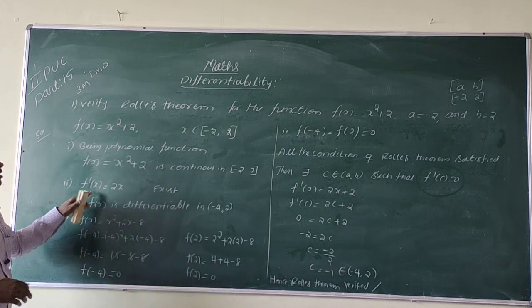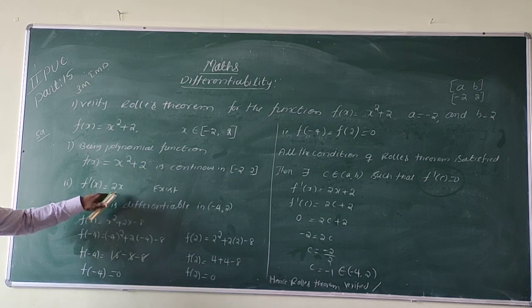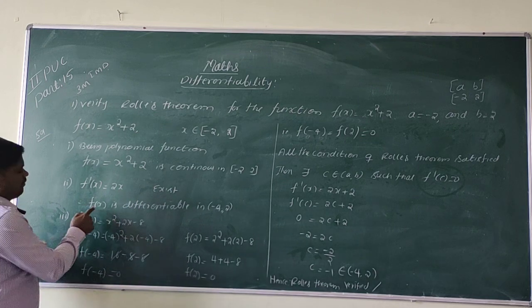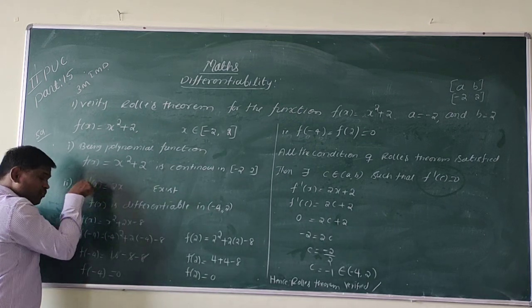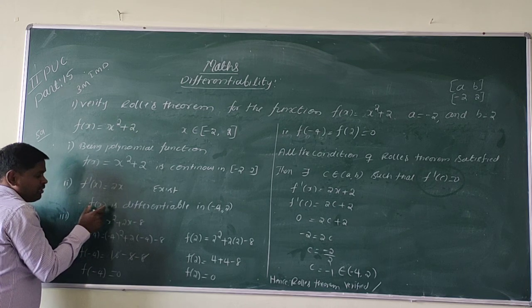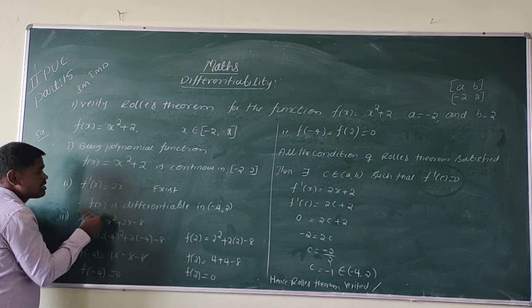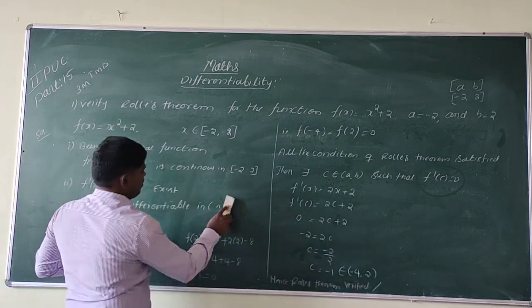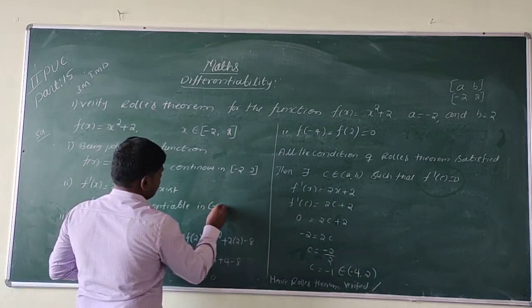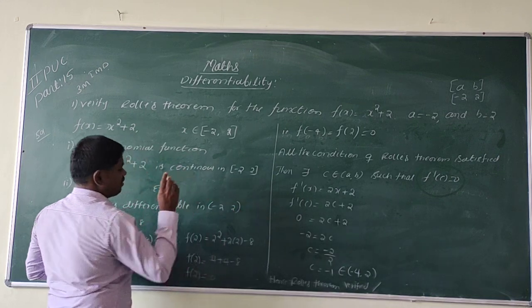So f dash of x is equal to 2x exists, therefore f of x is differentiable in the open interval minus 2 comma 2.